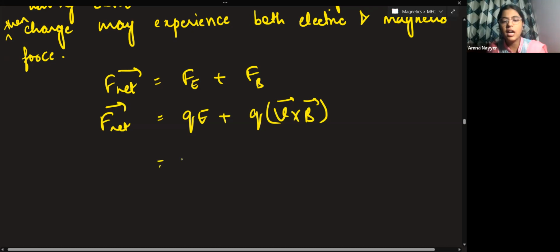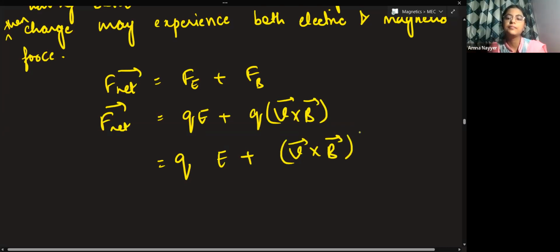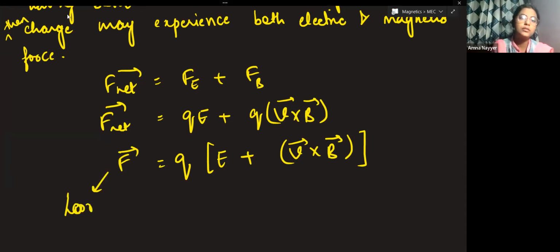If we take the charge common, we are left with Q times E plus V cross B. That becomes the net force, and this force is known as Lorentz force.